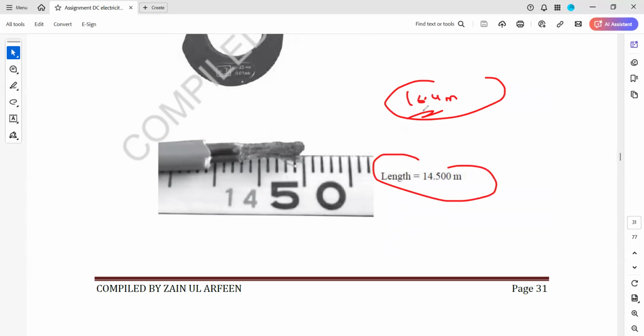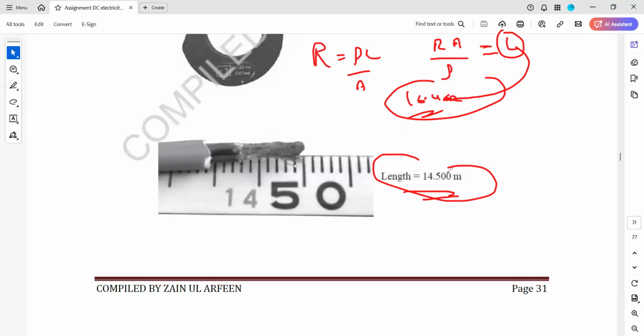Is this an accurate method of measuring the length? What the student did was use the formula R equals rho L by A. He measured the resistance, he got the area from the diameter, and the resistivity, and he got the length. That length was 16.4, but the actual measured length is 14.5.